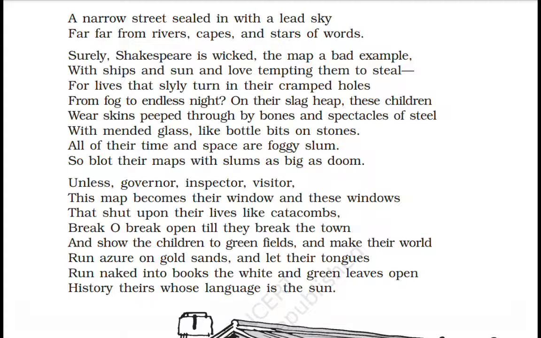That's why Shakespeare, who is an example of literary excellence, has been referred to as wicked, as he is out of reach of these children. And the map also, which shows them a beautiful world, is out of their reach. Their world is the slum, poor, dingy, dirty slum, and that's why it is also a bad example.